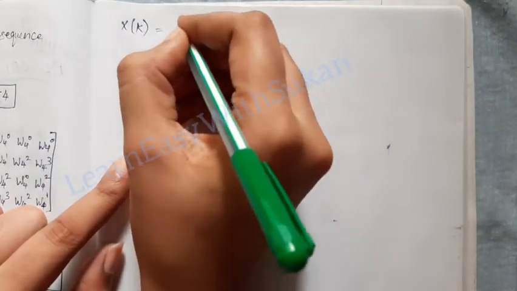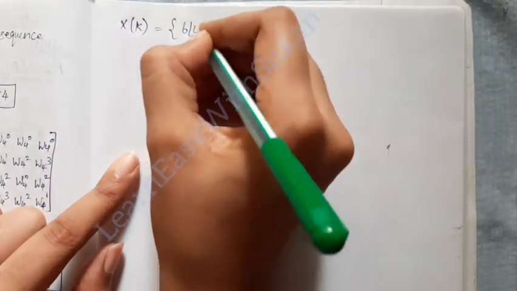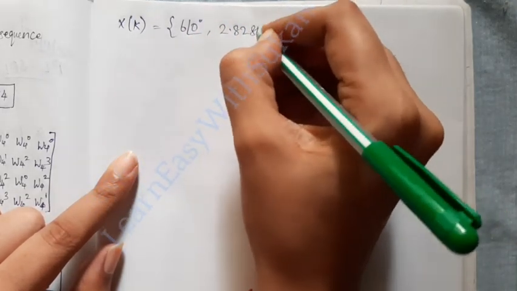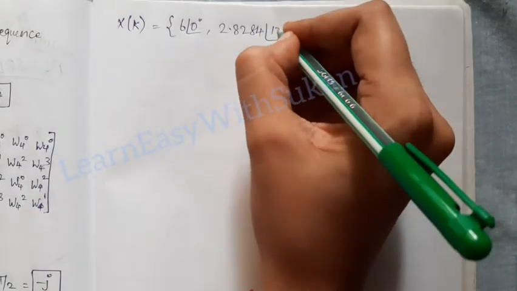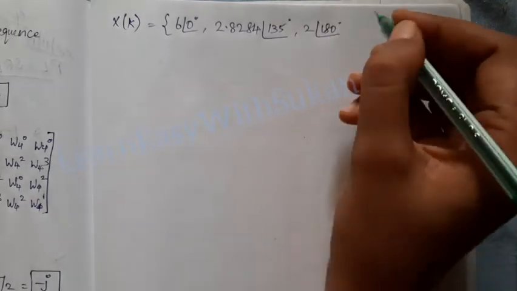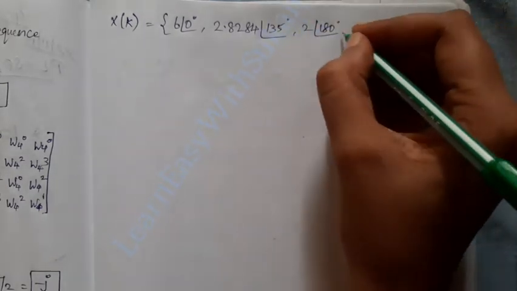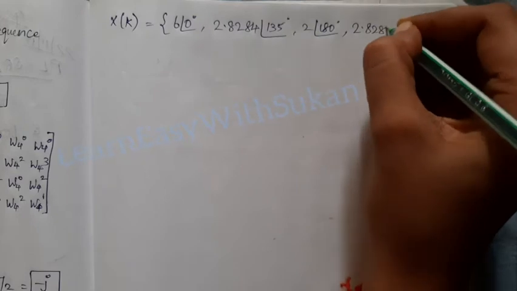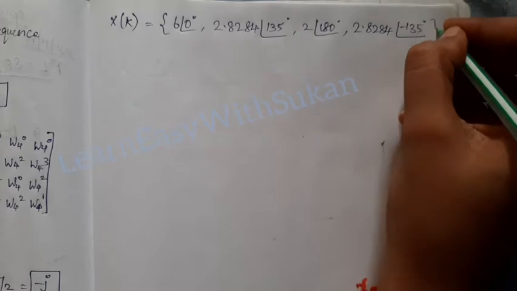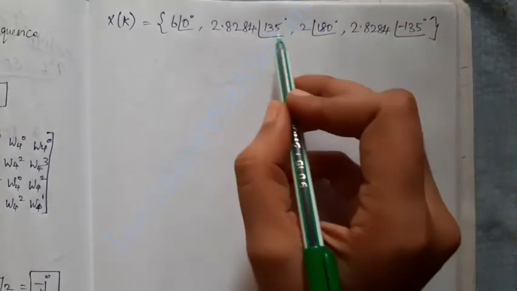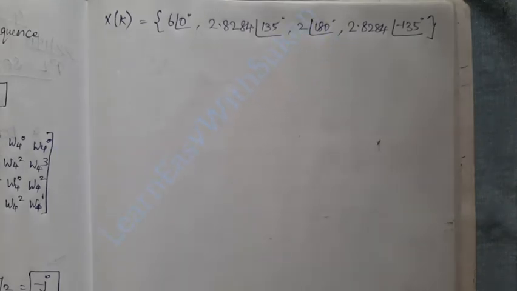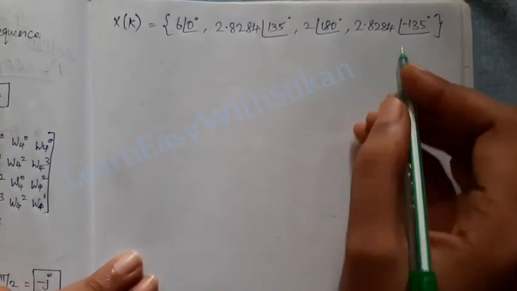X of k is equal to 6, 2.8284 for the angle of 135 degree, 2 angle of 180 degree, 2.8284. See, as the conjugate is taken there, you will find the difference in angle sign alone. This is positive 135, this is negative 135. Okay. So this is the polar form.